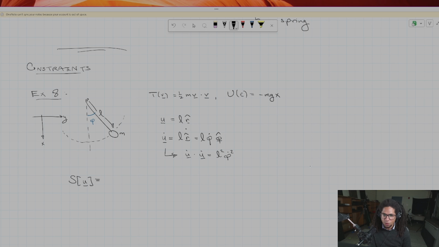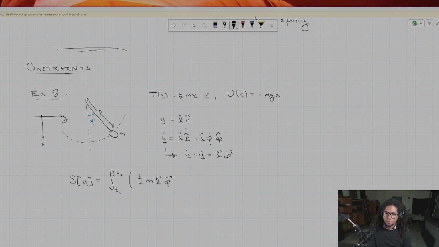S of u is going to be equal to, well, it'll be the integral from ti to tf of 1/2 m. V dot v is going to get replaced with L squared phi dot squared.